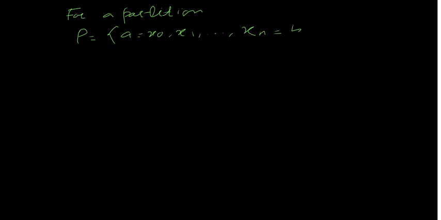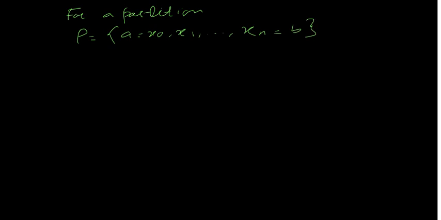So now let's introduce the following notations for a partition P, which is a equal to x0, x1, and so on up to xn, which is equal to b.